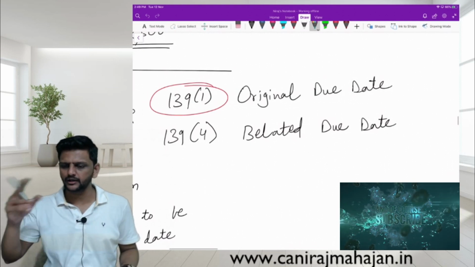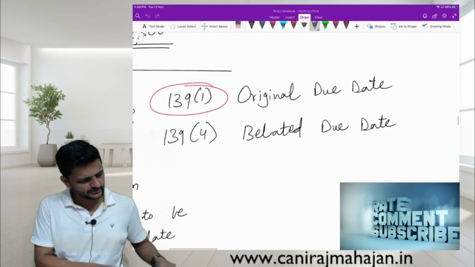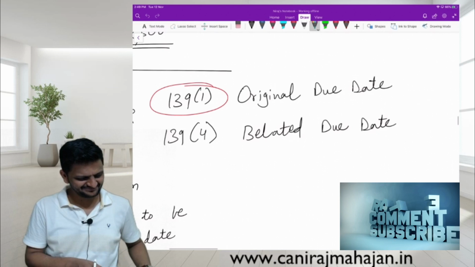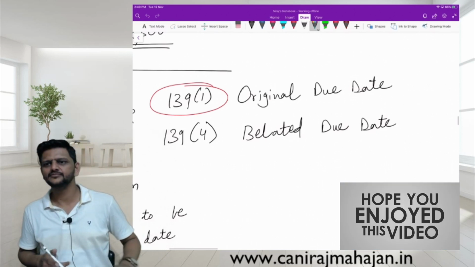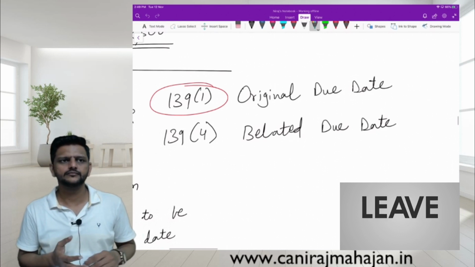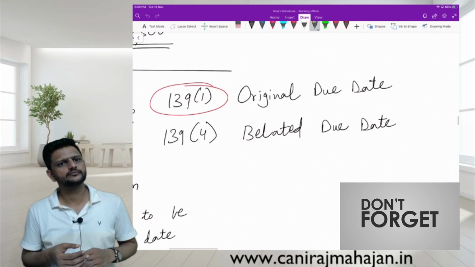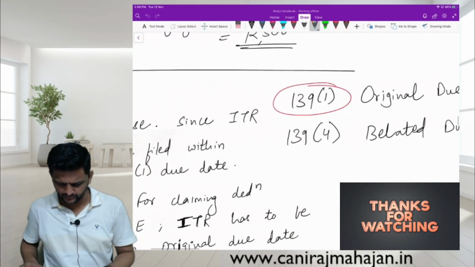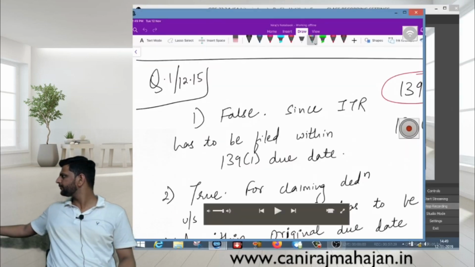Just check chapter number 14. In that we will see all the types of due dates and all of that. Okay? We start with the new chapter. Okay? Take a break.